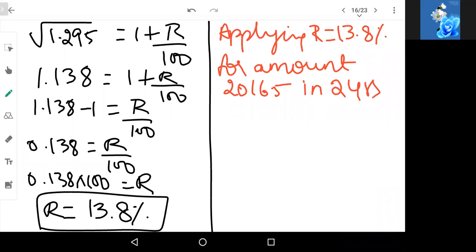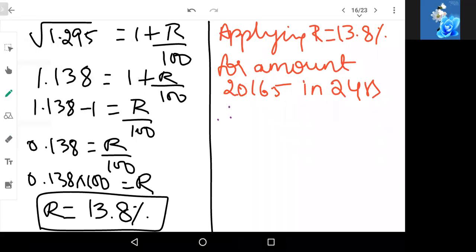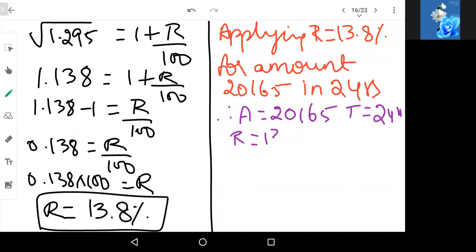So 20,165 will become the amount. Number of years is 2. Rate of interest is 13.8. So let's define that. Therefore, amount is 20,165. Time is 2 years. Rate of interest is 13.8. Now let us solve this using the same amount formula.